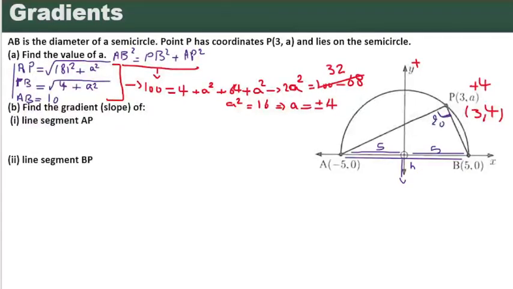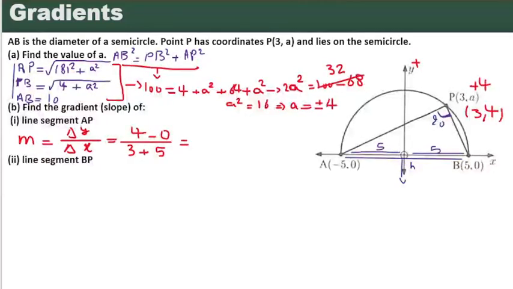Here we know the slope or gradient would be the change in y over the change in x. So I say y2, which is 4, minus y1, which is 0, over x2, which is 3, minus negative 5, which gives me 8.